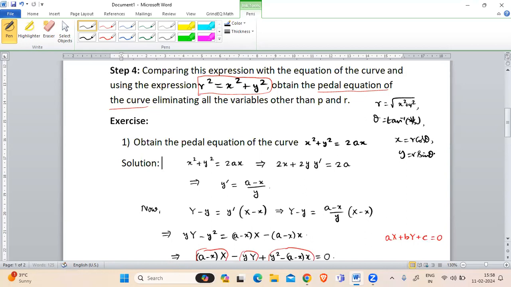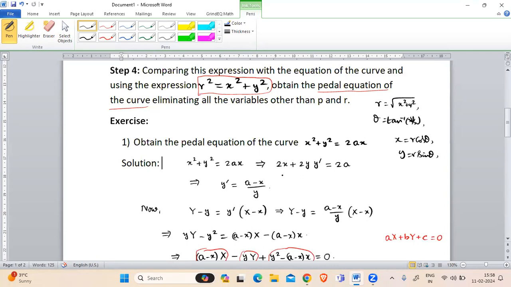Once we do that and simplify, we can convert this Cartesian equation into a polar equation. And once we have got the polar equation of the curve, we know what has to be done. We know how to find out the pedal equation of a polar curve. So we can proceed further in that direction and find out the pedal equation by eliminating theta and getting the equation only in terms of p and r. That is one more way of doing it.